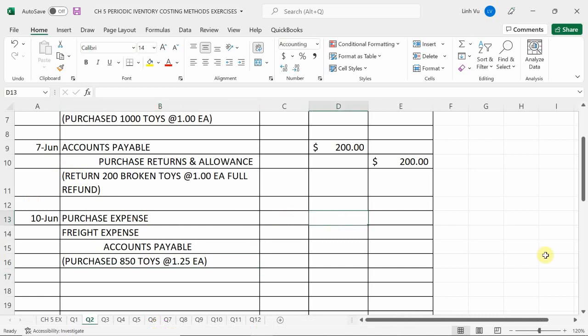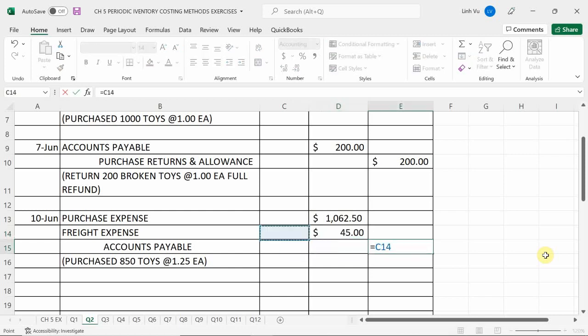So again, 850 at $1.25 gives you $1,062.50 plus $45 of freight, which gave you your grand total of $1,107.50. Okay.